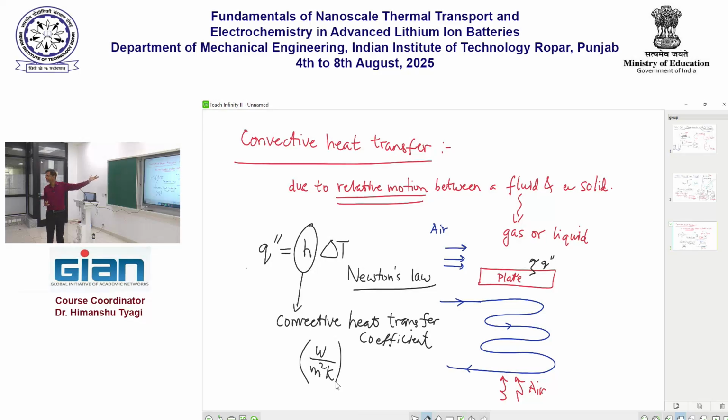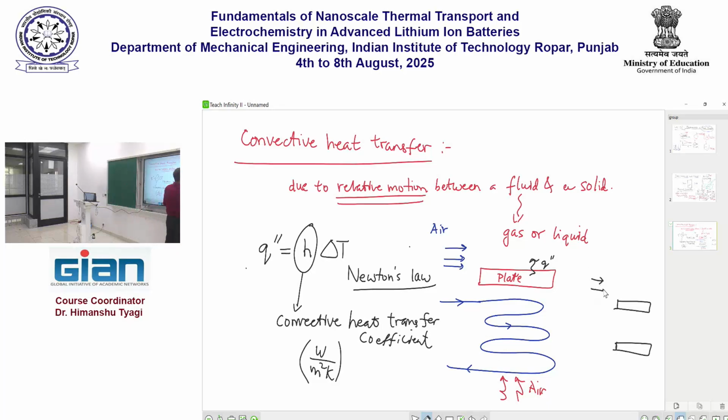What is the meaning of H? H basically captures the fluid mechanics of the relative motion. In other words, H governs how well the flow and the plate are interacting with each other. Imagine if I have two cases, I have the same plate in both cases.